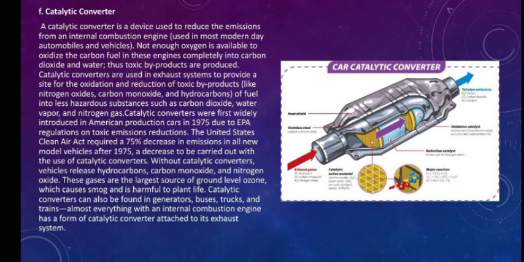Catalytic converters are used in the exhaust system to provide a site for the oxidation and reduction of toxic byproducts like nitrogen oxide, carbon monoxide, and hydrocarbons of fuel into less hazardous substances such as carbon dioxide, water vapor, and nitrogen gas.